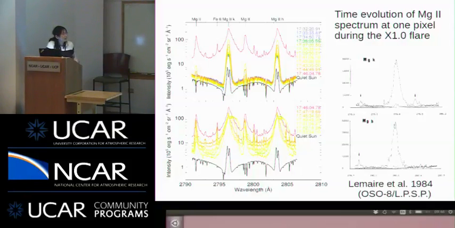To compare with the observations of Lemmer, they also see the enhancement of emission in the HK lines and these subordinate lines.